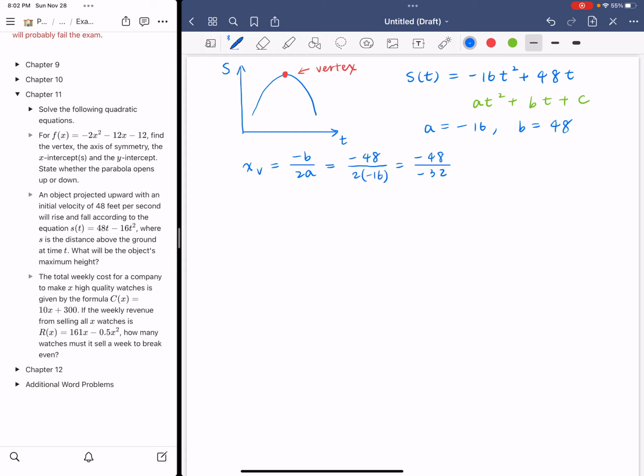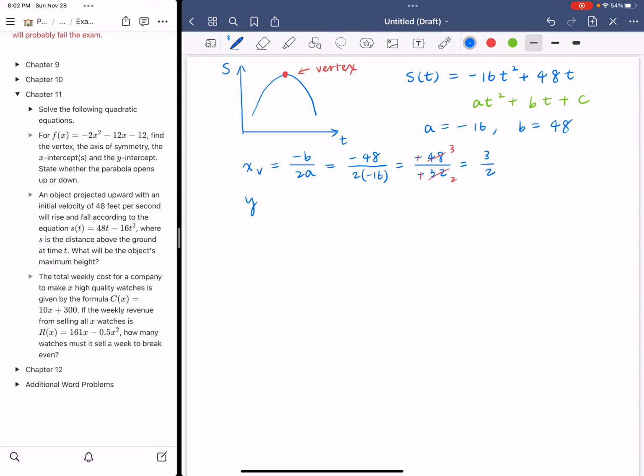And of course, you could simplify this. They do have a common factor of 16, or rather negative 16. I'm going to first make both of them positive and divide both of them by 16. So this will be 3, this will be 2. If you simplify, it's simply 3 over 2. Or you could use your calculator, it's just 1.5.